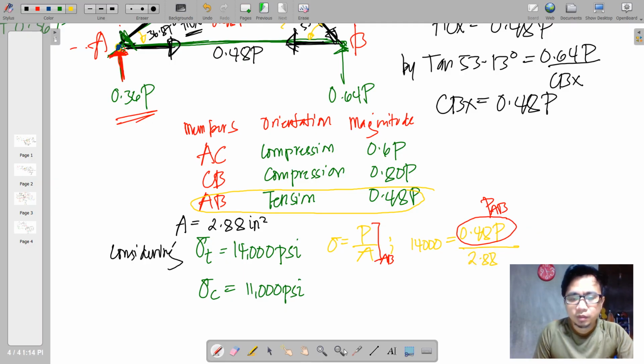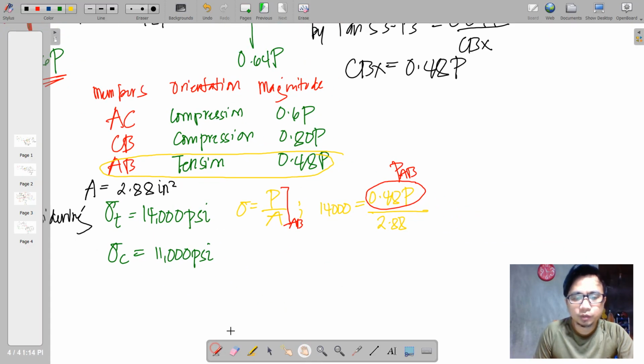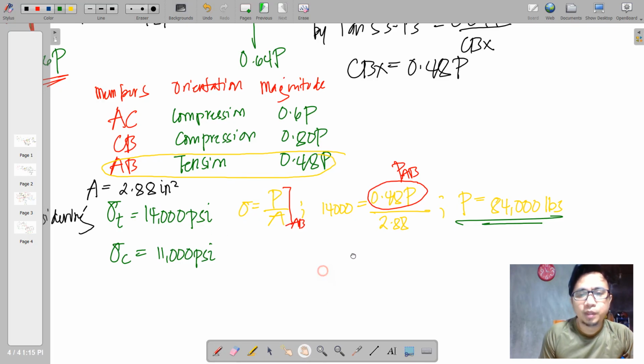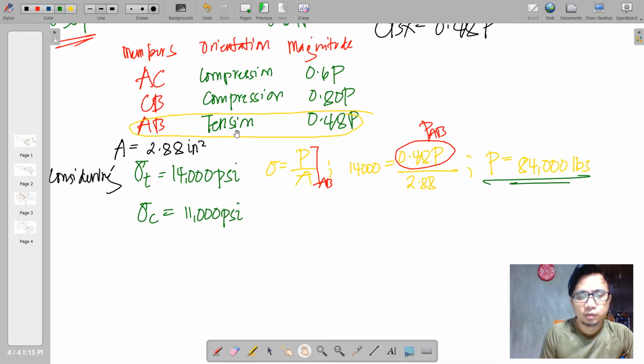By cross multiplication, we can solve for the value of P. So P will be equal to 84,000 pounds. So this is the answer for a P that is considering the allowable tensile stress.